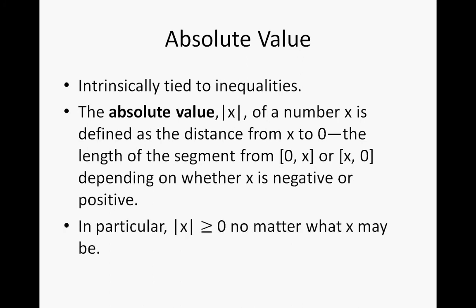So in particular, the absolute value is always going to be equal to or greater than 0, no matter what x may be, because distance can't be negative. So if distance is always a positive number, then whatever number you take the absolute value of is going to be a positive result.